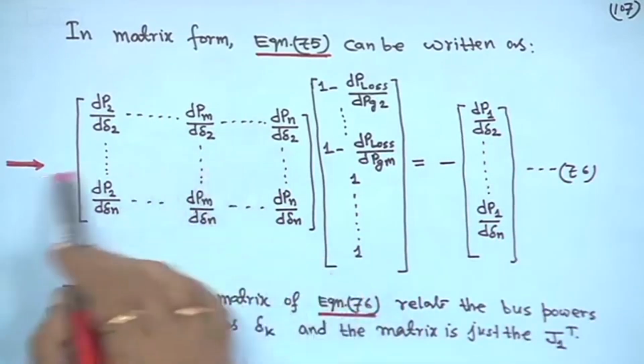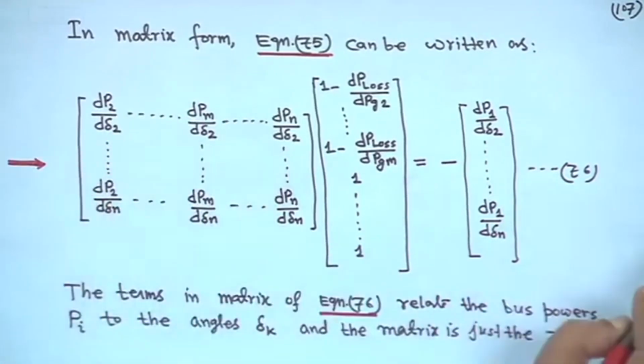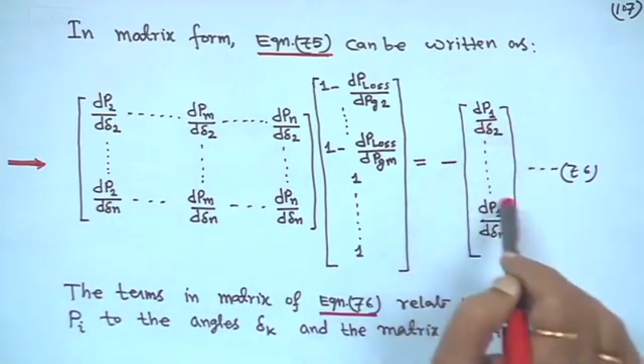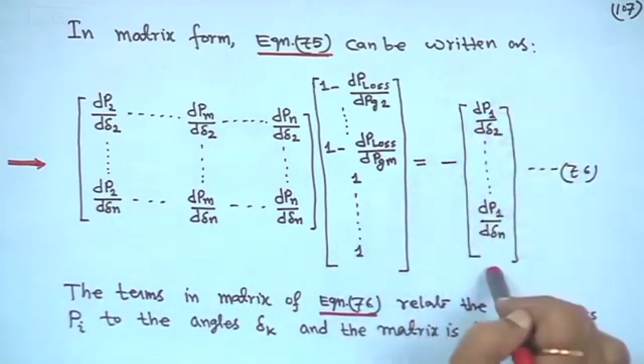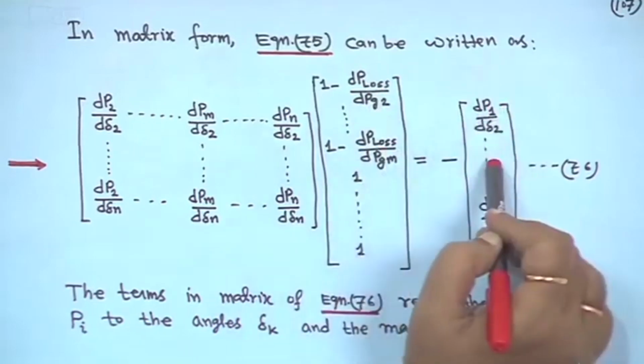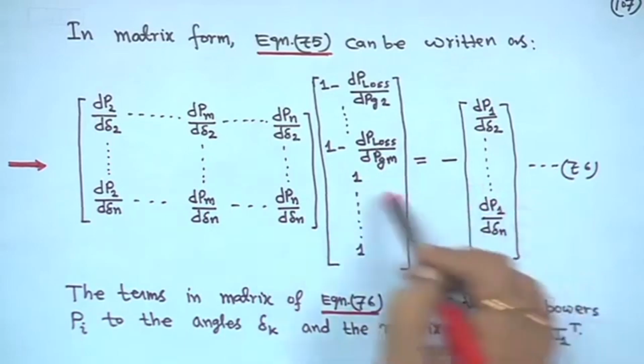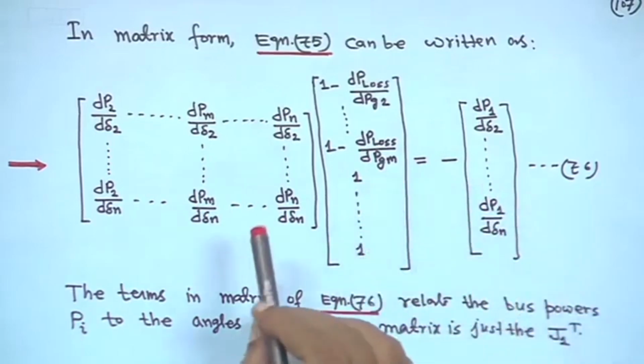So, if you know this, then you multiply by J1 transpose inverse on both sides, and whatever column vector you get, up to here some term will come, and after that the rest will come to the right hand side also as 1 1 1, right.